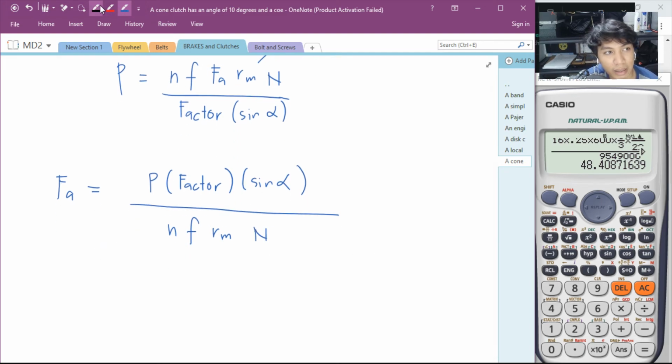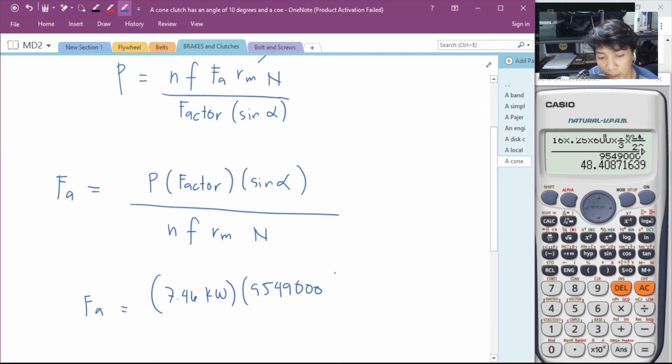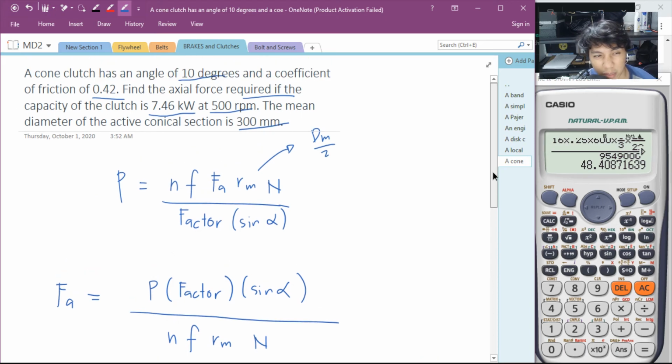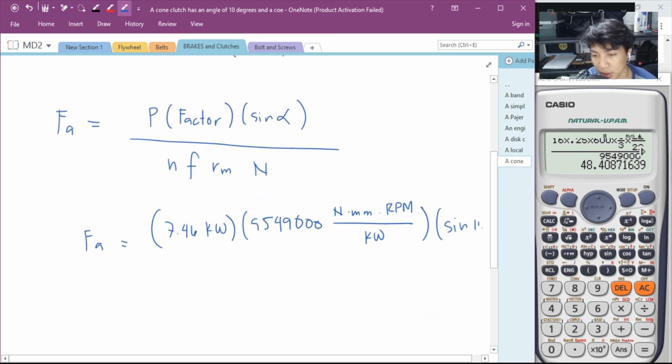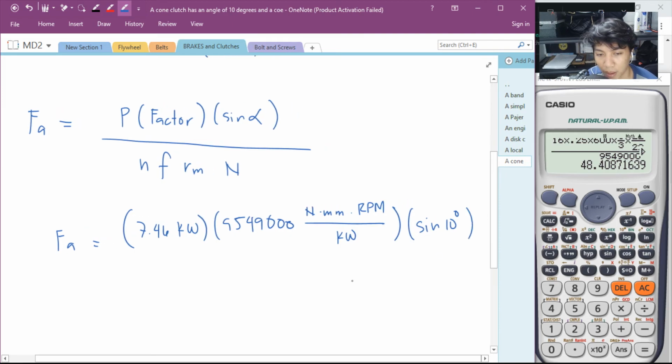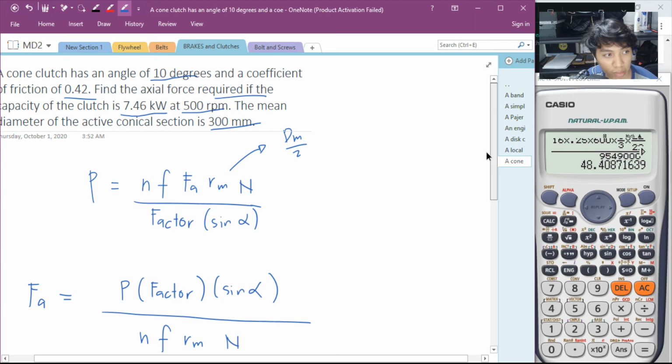Direct sub lang. You are given there 7.46 kilowatts. You multiply it with 9,549123 Newton, millimeter, RPM, per kilowatt. Sin alpha. Ano ba yung sin alpha mo dyan? Sin 10 degrees. Ayan. You divide it with coefficient of friction, 0.42. The number of clutch disc na meron ka dyan, I think that is one only. A cone clutch nga.